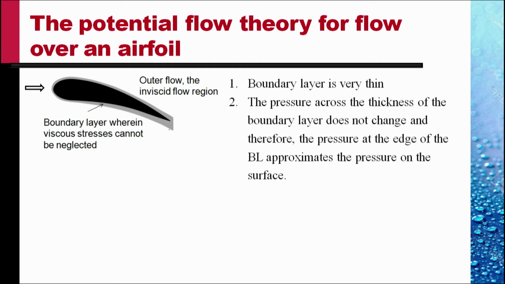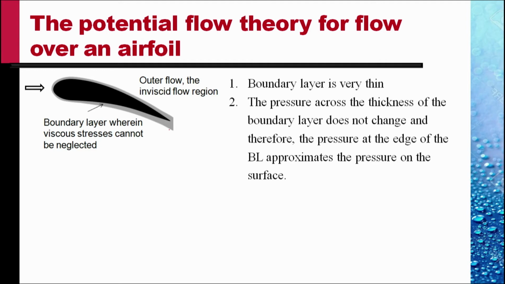I had mentioned earlier that the potential flow theory can predict the lift of an airfoil. Why is that so? Consider the airfoil as shown on the left. Suppose the flow is not separated, the boundary layer is thin, and within this boundary layer, the viscous stresses cannot be neglected.